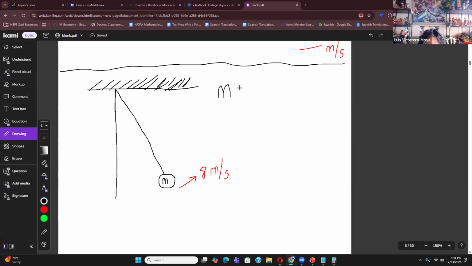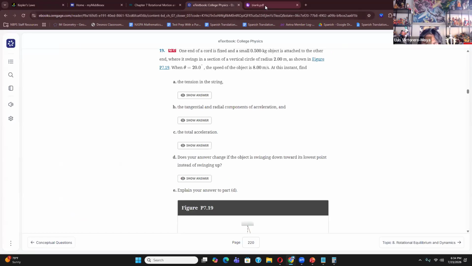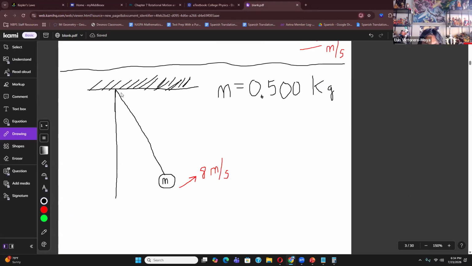The mass is 0.500 kilograms. And they give you this radius of 2 meters.